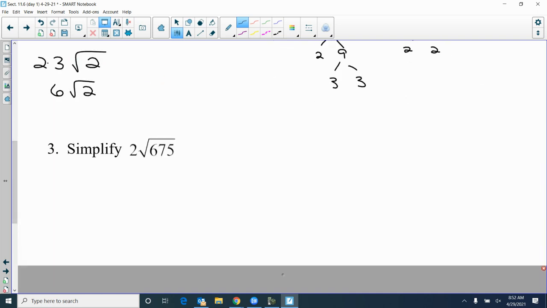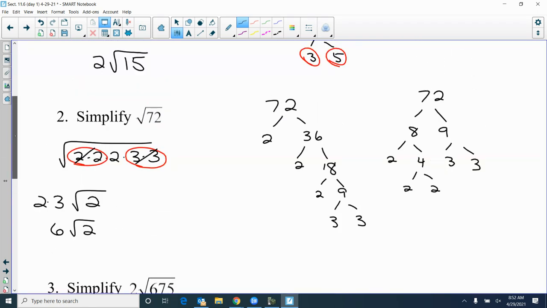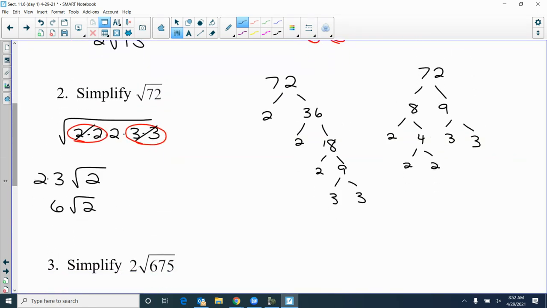Can you scroll up? This is a little bit more advanced here. If you start here with 2 and 36, and you recognize that 36 is one of those numbers on your guided notes that I told you to memorize, you can automatically say, well, the square root of 36 is what?